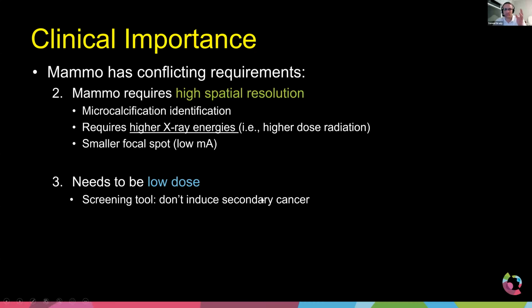And so what we need to do is balance this, because we cannot have high dose in mammography if it's going to be a screening tool. Because if you're going to ask a woman to come in, maybe every year after she turns 40, or maybe every other year if her risk factors are real low up to a certain point, then you can't be exposing her breast tissue to very high doses.